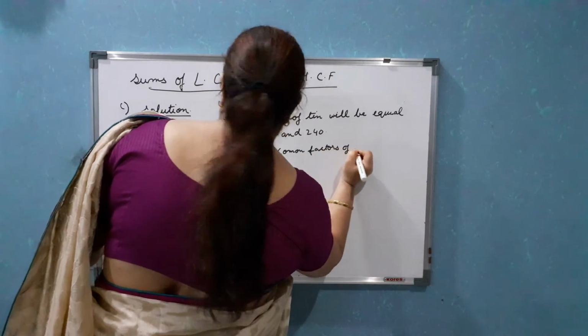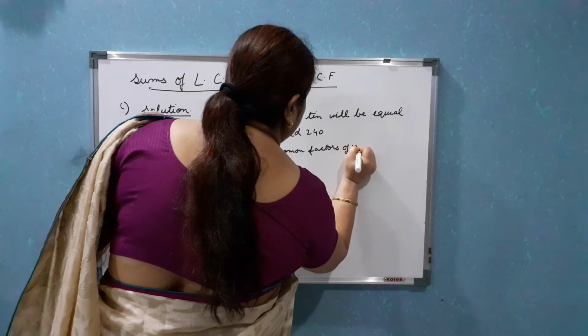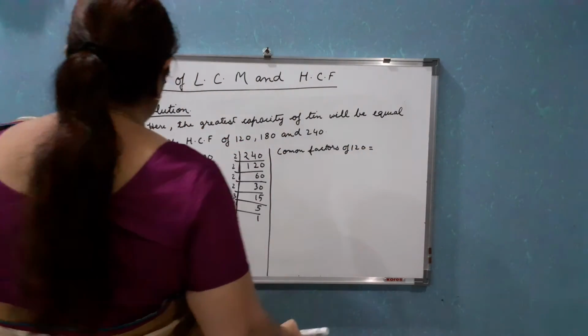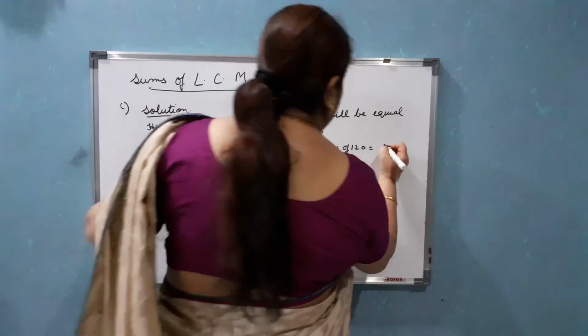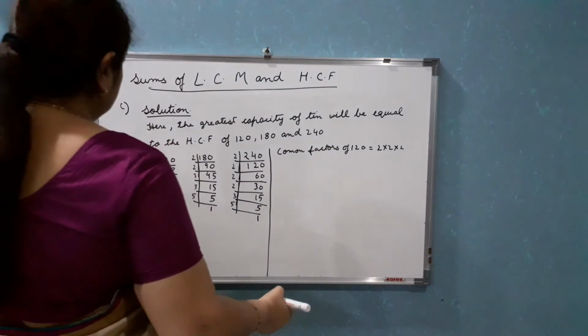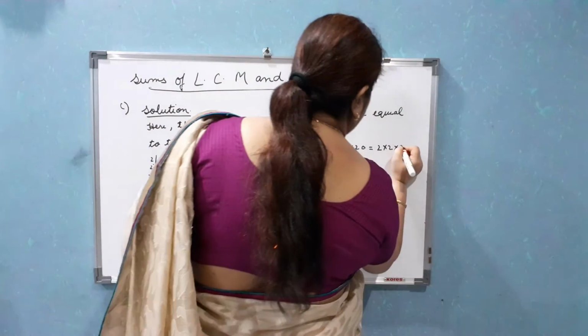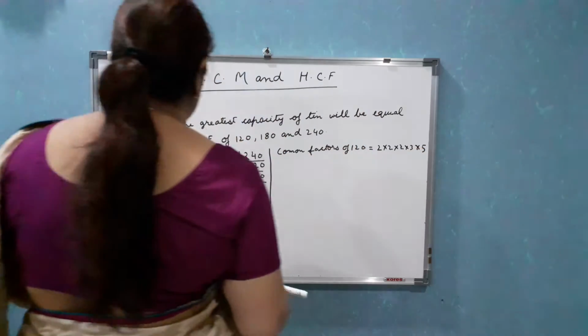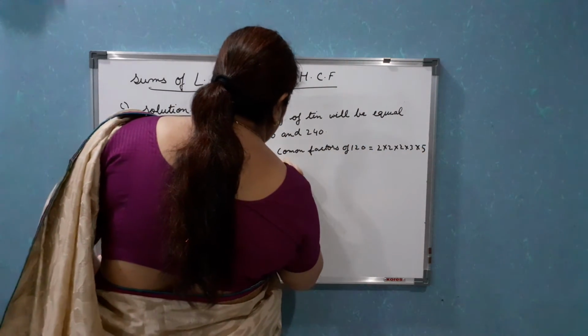Common factors of 120 equal to how much? 2. Here 3 2s are there. 2 into 2 into 2. Then 3 into 5. Then again common.